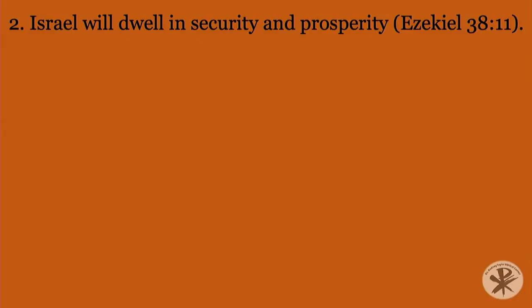The second prophecy yet to be fulfilled: for a time Israel will dwell in security and prosperity. That is found in Ezekiel chapter 38, verse 11. And we know that is pretty much the case today. Israel is fairly secure, but they have to stay on their toes to remain so. They are fairly prosperous.